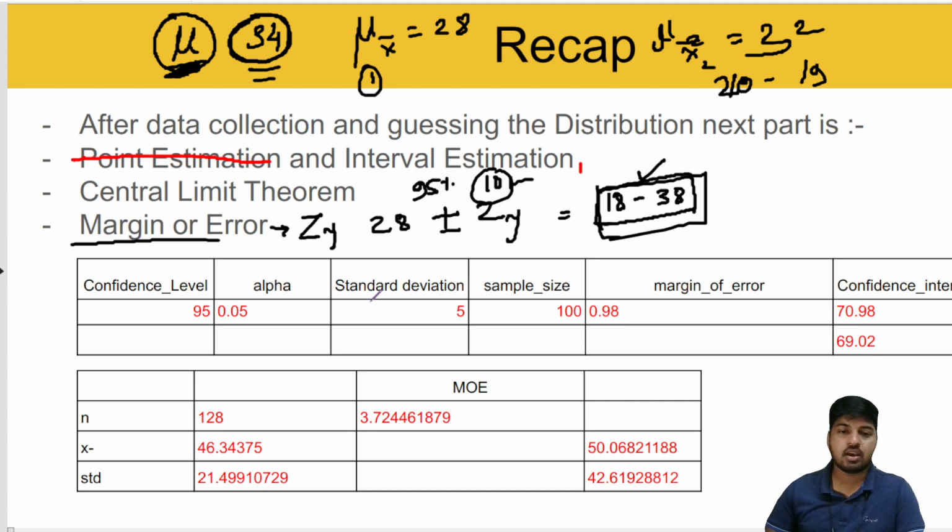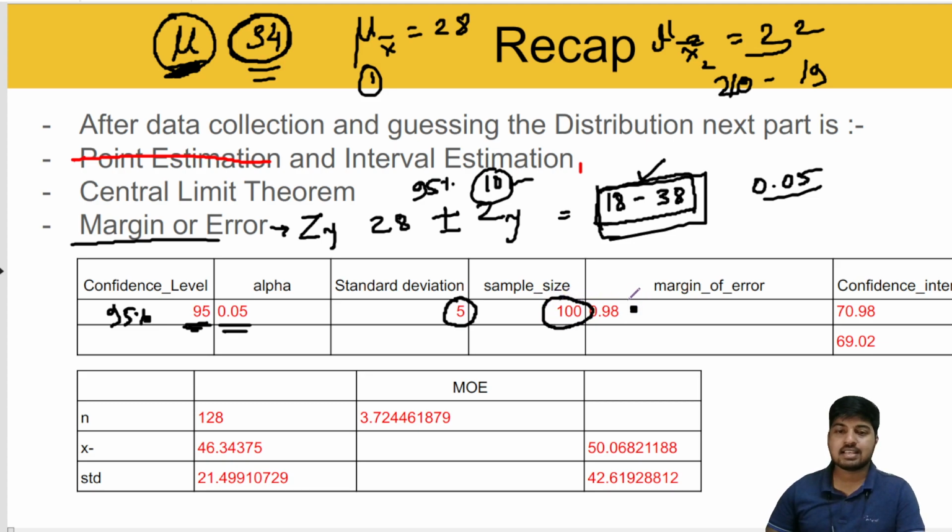Last time, if you remember, in Excel we did this exercise where we took our confidence level as 95%. So my alpha will become 0.05, right? Suppose I know the standard deviation, which is 5, and my sample size is 100.